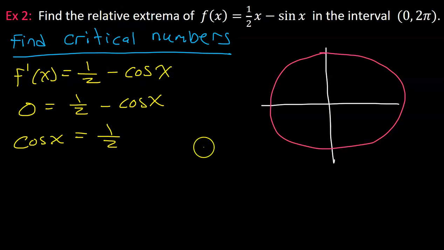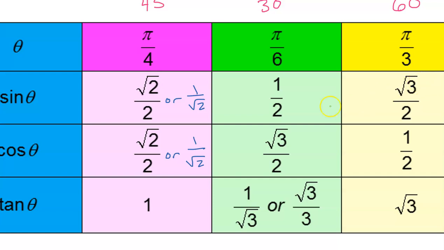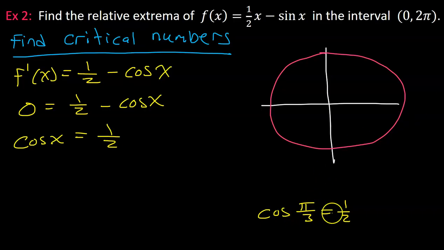We know that the cosine of pi over 3 is equal to 1/2. That's one of those values that we memorized, right? Cosine of pi over 3 is 1/2. Make sure you have this whole thing memorized. So that tells us that pi over 3 is the reference angle.